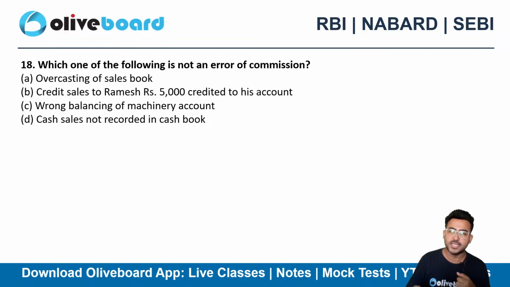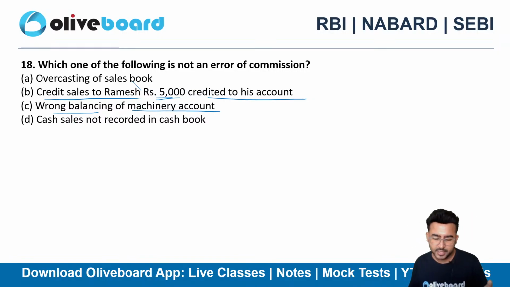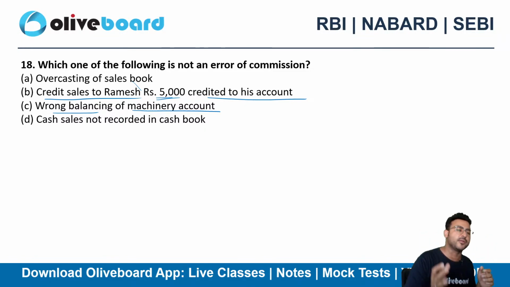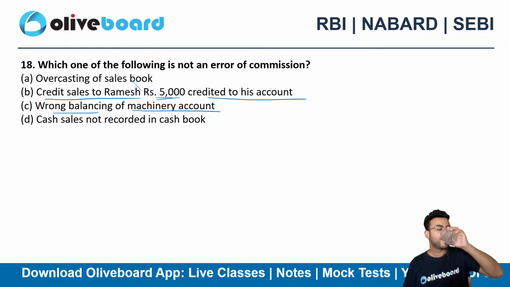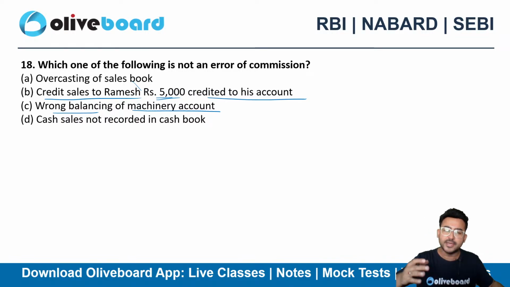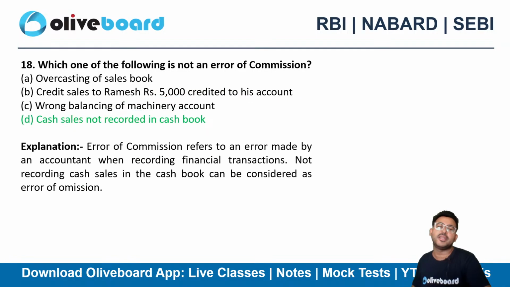Option A, overcasting of the sales book, तो sales book को overstate कर दिया, overcast कर दिया. Option B, credit sales to Ramesh 5000 credited to his account. Credit sales थी 5000 की, उसके अकाउंट में क्रेडिट कर दिया. ऑप्शन C, रॉन्ग बैलेंसिंग ऑफ मशीनरी अकाउंट, मशीनरी अकाउंट को गलत बैलेंस कर दिया. ऑप्शन D, कैश सेल्स नॉट रिकॉर्डेड इन कैश बुक, रिकॉर्ड ही नहीं करी, I haven't even recorded it. भाई अगर रिकॉर्ड ही नहीं करी है तो फिर क्या होगा ऐसे केस के अंदर? ये एरर ऑफ ओमिशन होता है, कमीशन नहीं होता. ऑप्शन D इज करेक्ट.